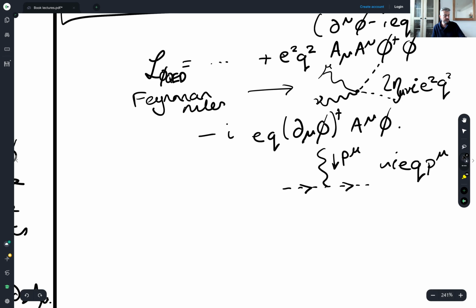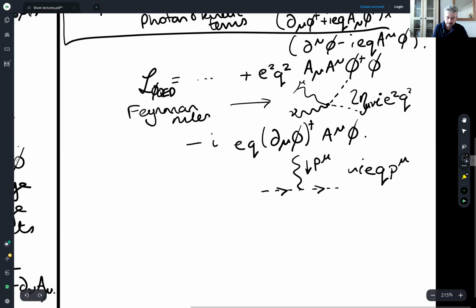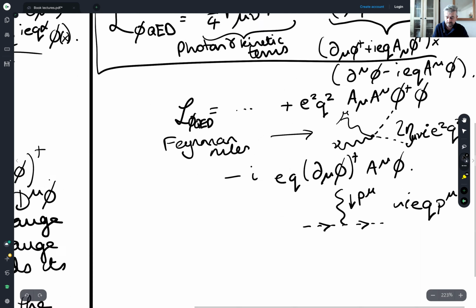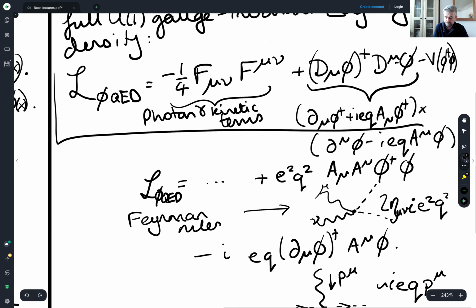Now, if you've only got one complex field, like I was talking about, I could just rescale this coupling e to absorb Q into it. Everywhere we see e, there's a Q next to it.